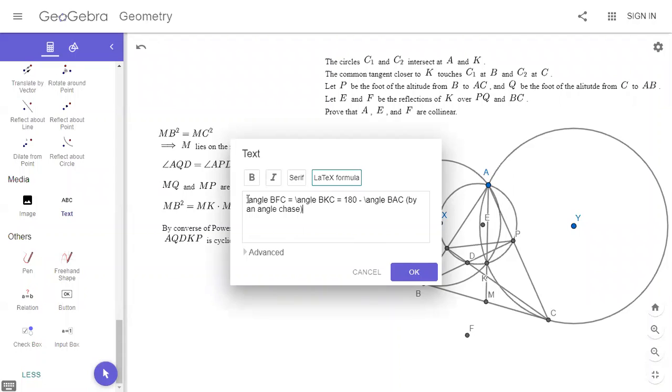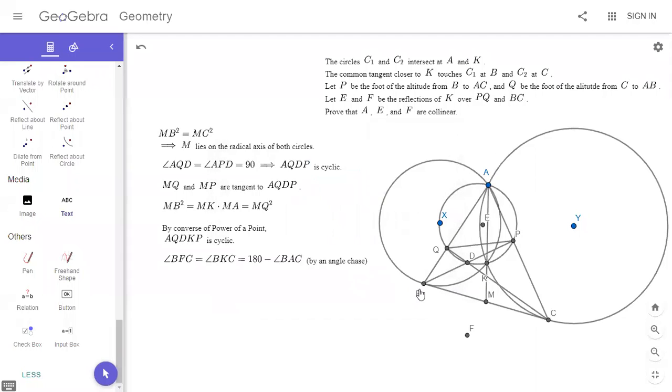It's pretty easy because angle KAB is equal to angle PBC because of the alternate segment, since BC is tangent, and symmetrically the same goes for angle MAC equals angle QCB.